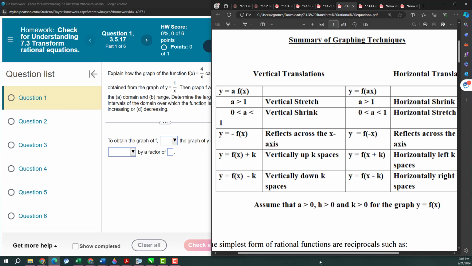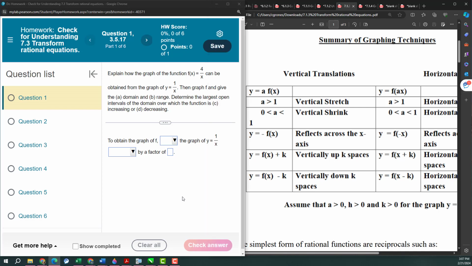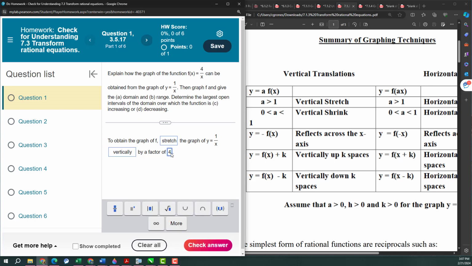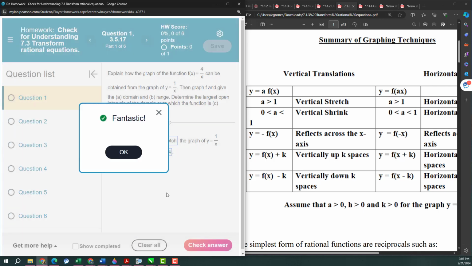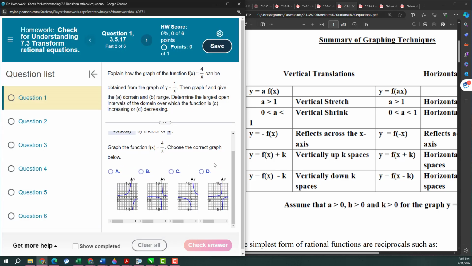So a times f of x, so we're looking at this left side, a is greater than 1, so it is a vertical stretch of our parent graph. So it says to obtain the graph of f, it's going to stretch the graph of y equals 1 over x vertically, because a is greater than 1, by a factor of 4. Because a equals 4.